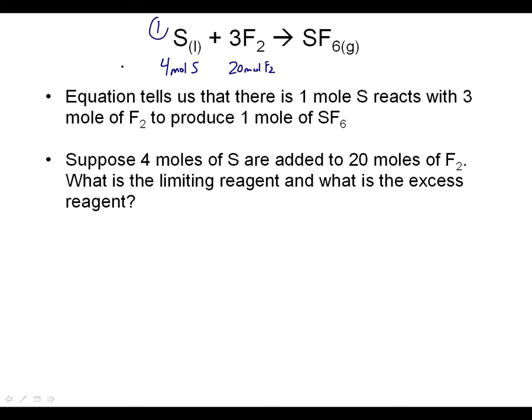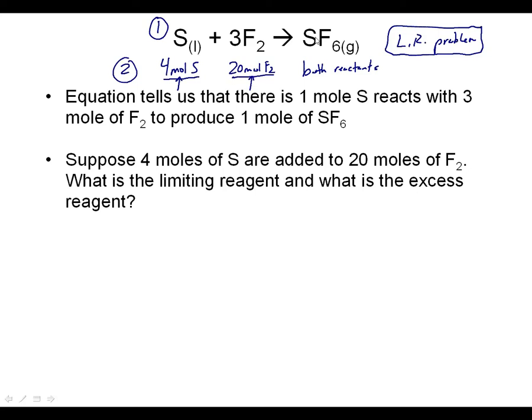We have the starting amount of both reactants given to us. And that right there should tell you this is a limiting reagent problem, which means you do need to do something to figure out which one's the limiting reagent. The second thing you would want to do, like normal, is convert what they gave you into moles. But in this particular case, it was already given in moles, so we did not have to do that.